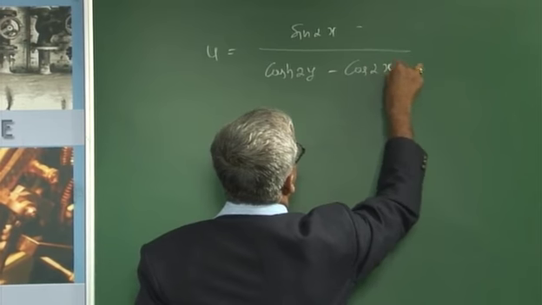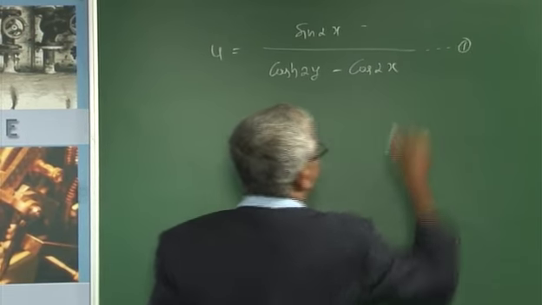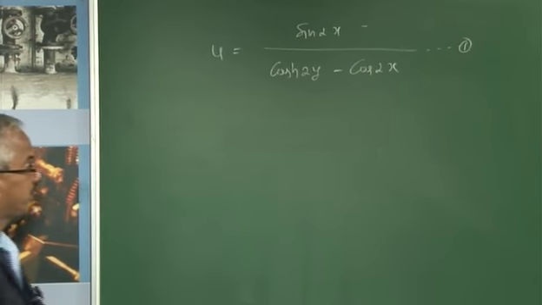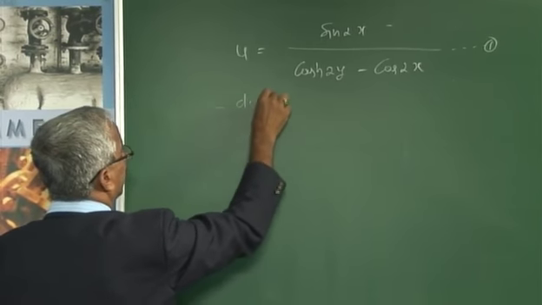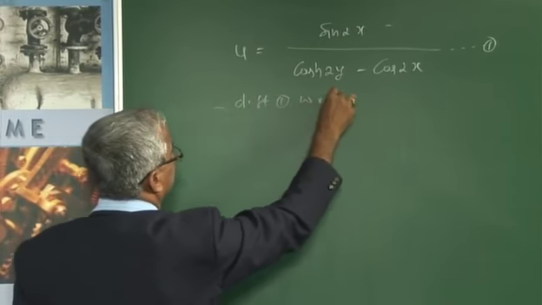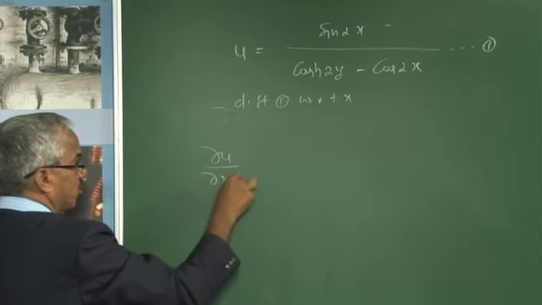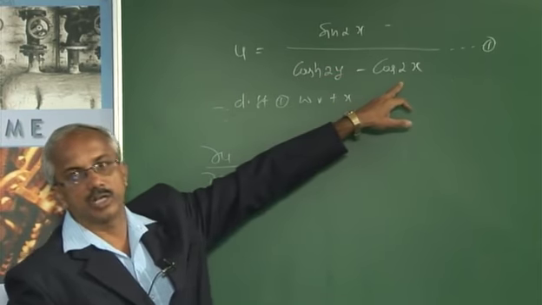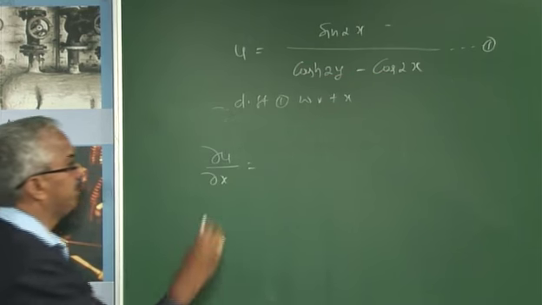Now, as we did in the previous problem, here also you differentiate with respect to x. The numerator is a function of x, sin 2x, and the denominator is also a function of x, so you have to differentiate by the u by v method.